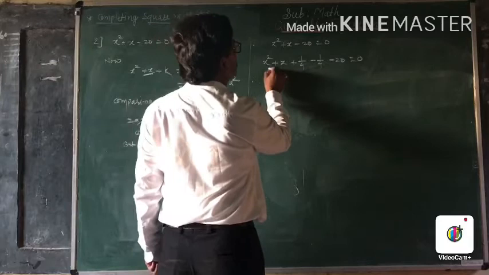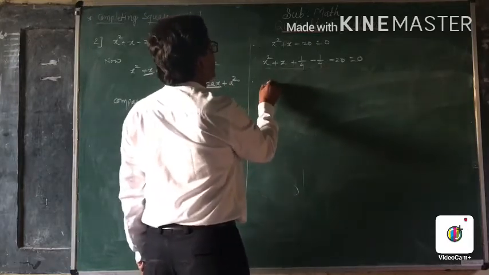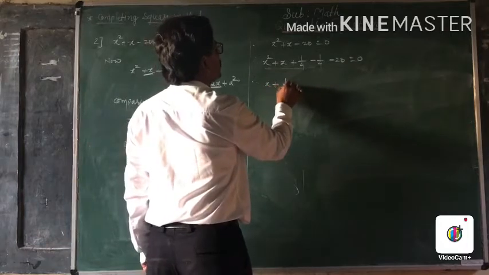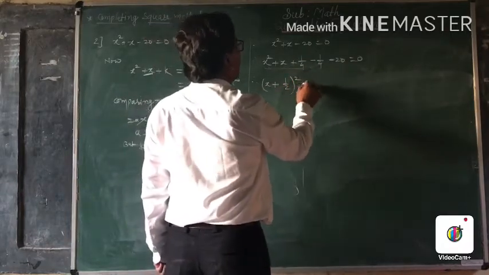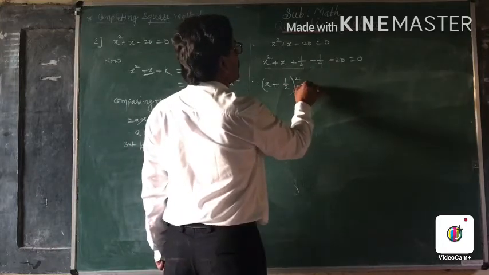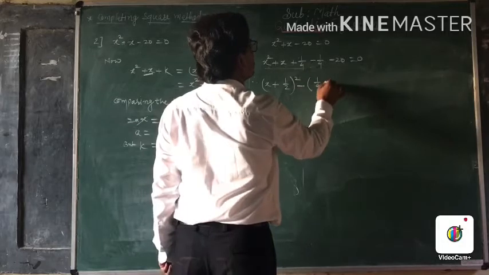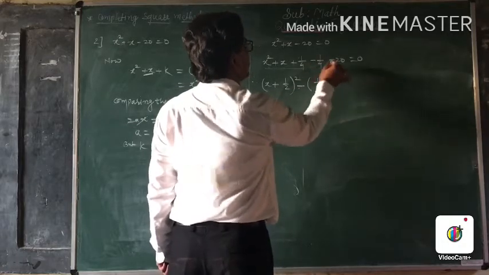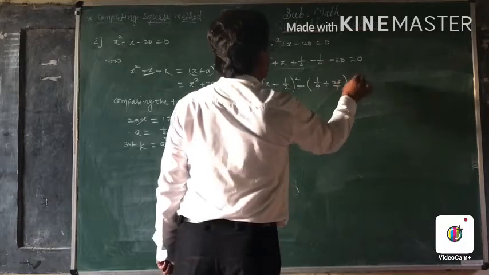Here this is the complete square of x plus 1/2 bracket square, and taking minus as common, bracket 1 plus 1/4 and minus minus plus 20 divided by 1 is equal to 0.